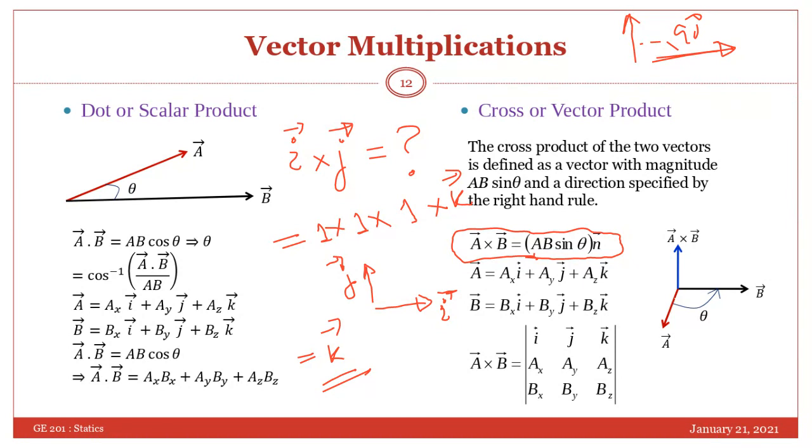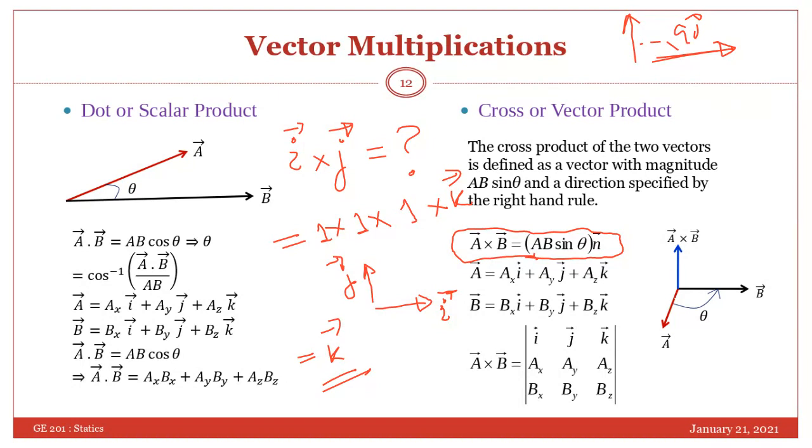When you turn these four fingers, which represent the i direction, towards j, which is vertical, the direction of the thumb will be facing towards your face.